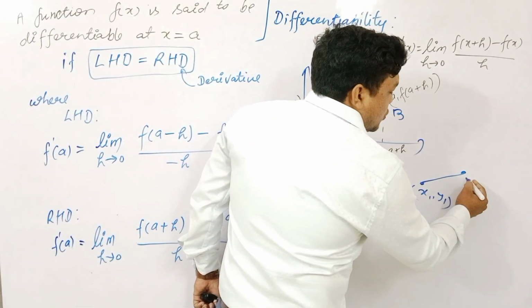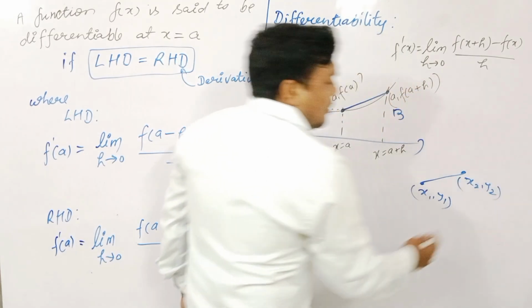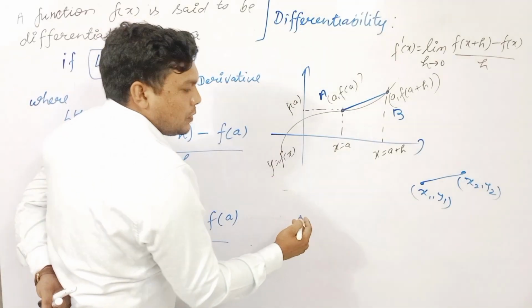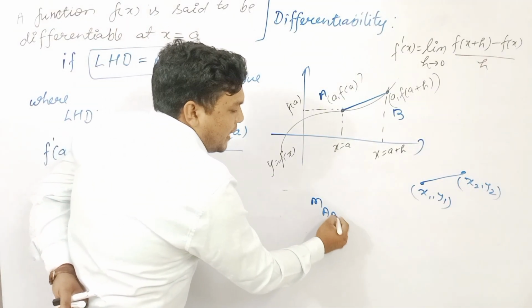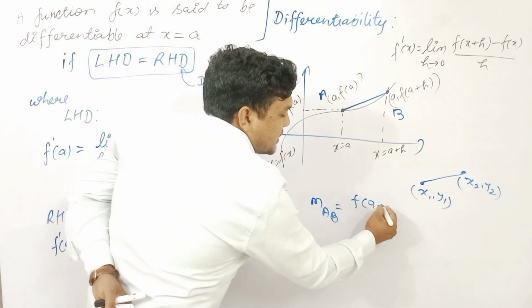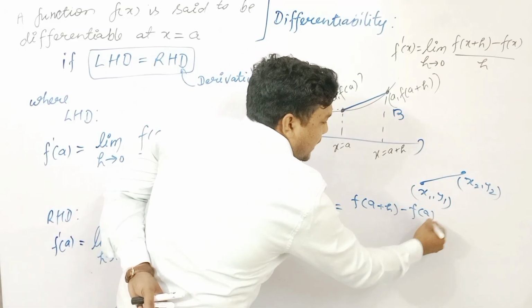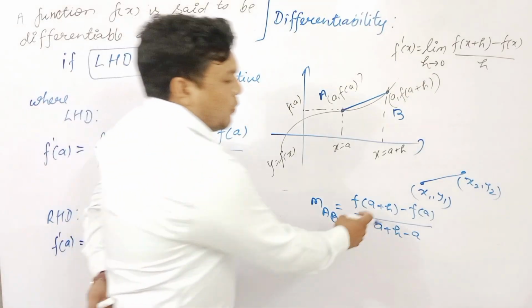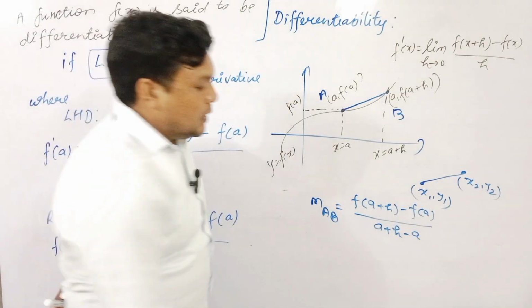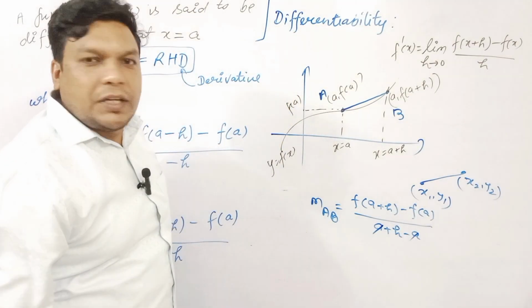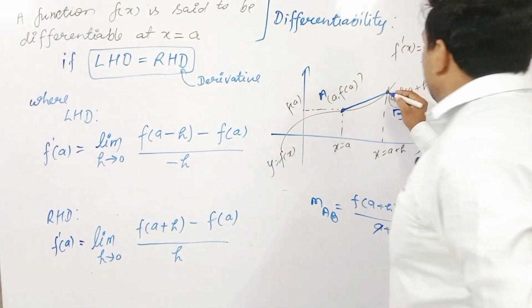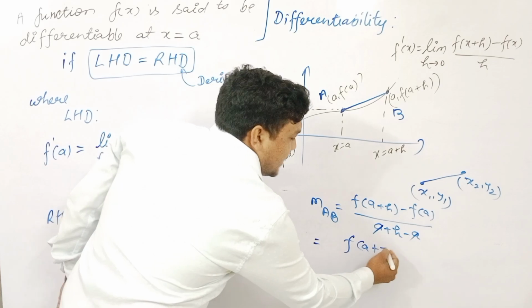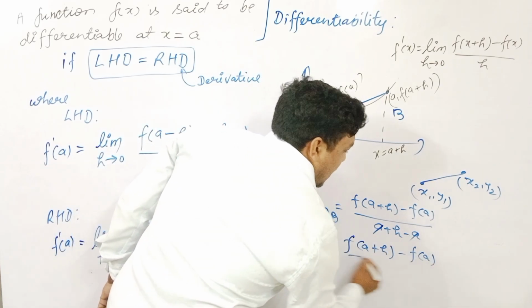It is y2 minus y1 upon x2 minus x1. So the slope MAB is f of a plus h minus f of a upon a plus h minus a. The a cancels out. So the slope of this line is f of a plus h minus f of a upon h.